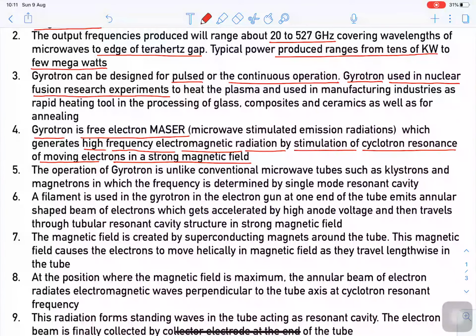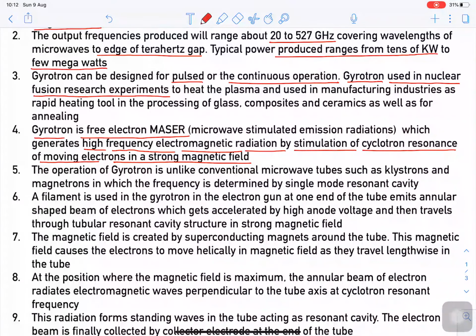This is the principle of operation, how the gyrotron tube is capable of generating a very high frequency at a very high power level. It makes use of a maser, microwave stimulated emission of radiation, which causes the cyclotron resonance of the moving electron in a strong magnetic field.